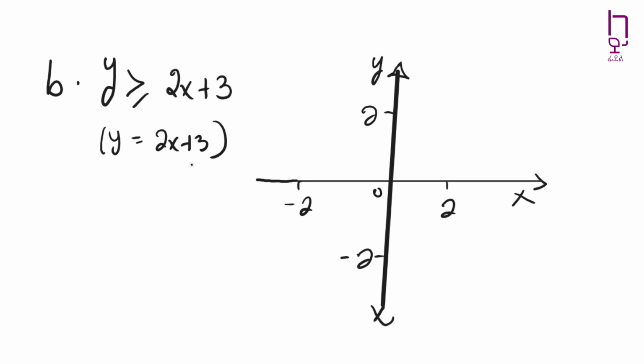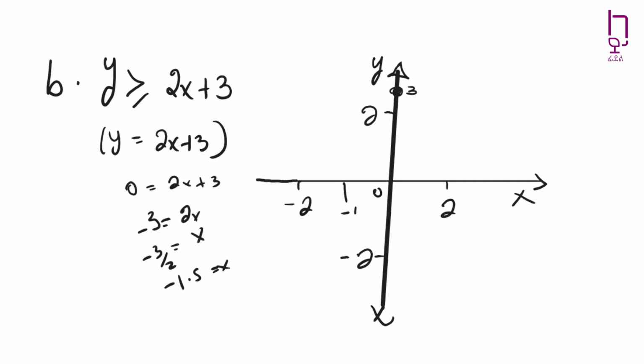Where does this graph cross the y axis? At 3. So the y intercept is somewhere here. So I found one point. For another point, to find the x intercept, I put y as 0. If I put y as 0, it becomes 2x plus 3, so 2x equals -3. So x is -3/2, which is -1.5.